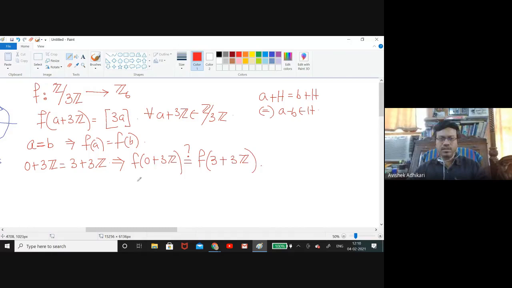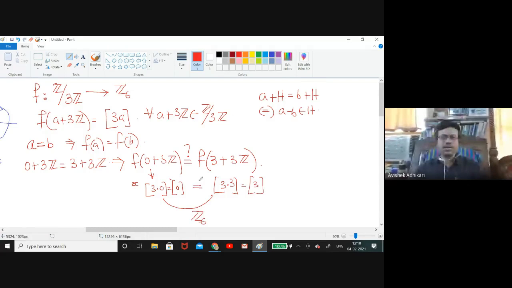Because what is 0 plus according to this definition? This value should be 3 into 0, and this value should be 3 into 3, in Z6. Now this value becomes class 0 and this value becomes class 3. So they are not actually equal.